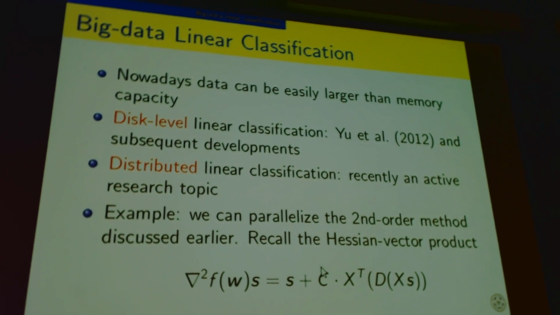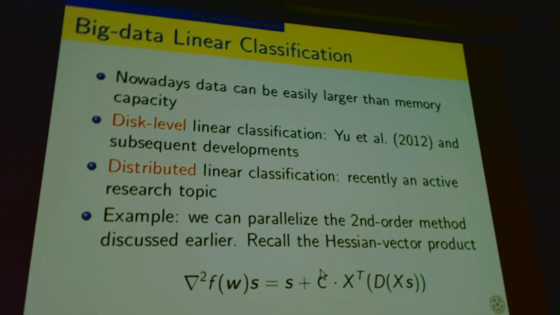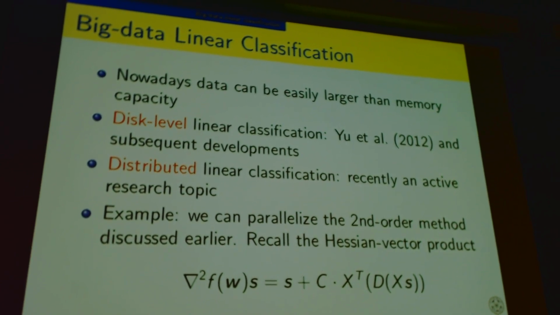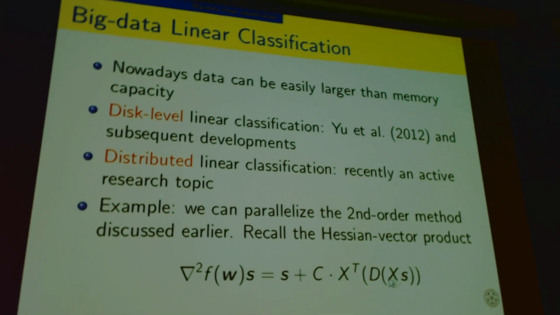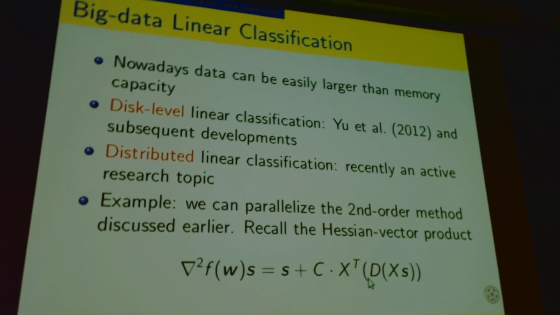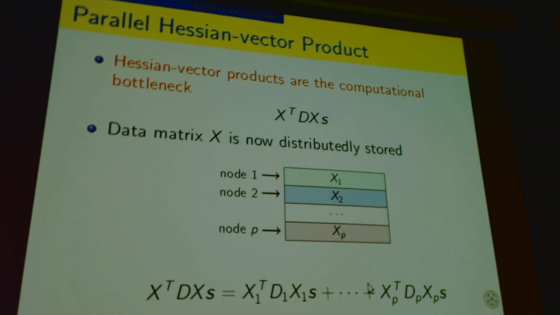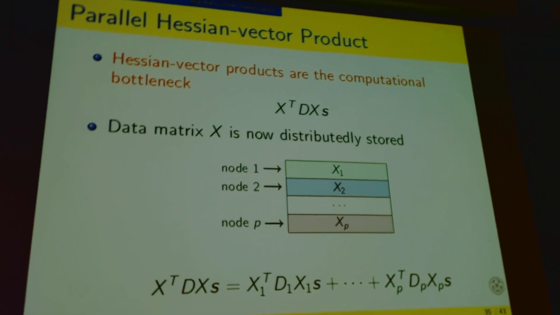So recall that in that Newton method, at each conjugate gradient iteration, all you need is the Hessian vector product. And that turns out to be a sequence of matrix vector multiplications. You multiply X times s, okay, then another X transpose times a vector. Such matrix vector products can be run in parallel. So we can do parallel Hessian vector products. Right?